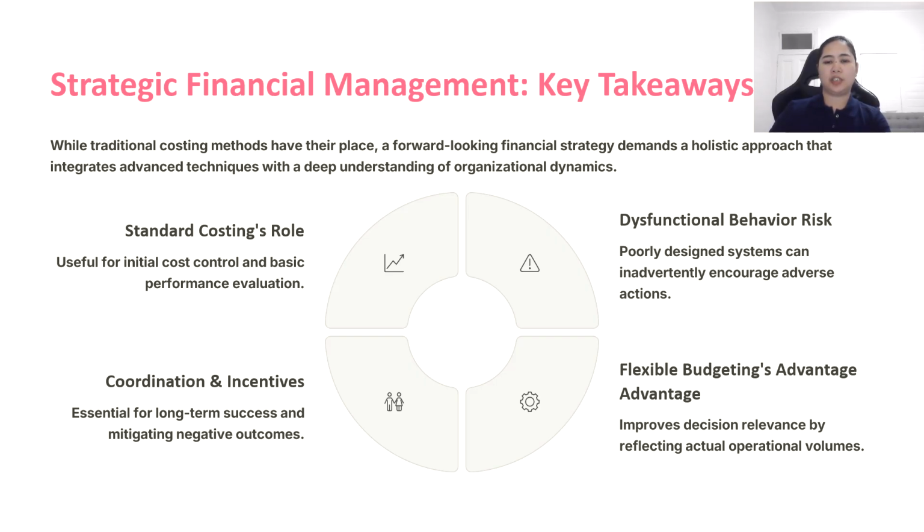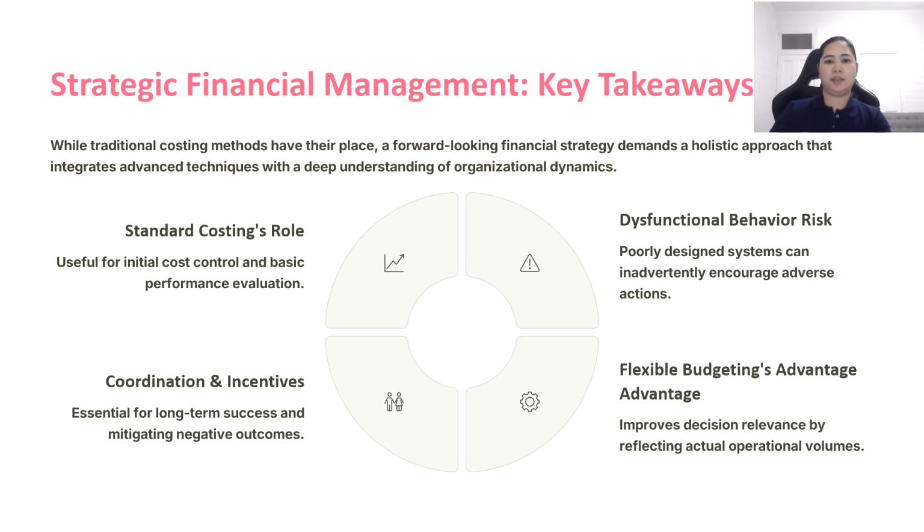By providing clear cost expectations, standard costing facilitates budgeting and planning, supports performance evaluation through variance analysis, and highlights areas requiring corrective actions. Overall, standard costing plays a key role in cost control by translating operational activity into measurable financial standards.